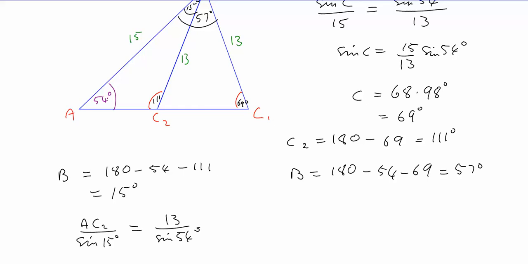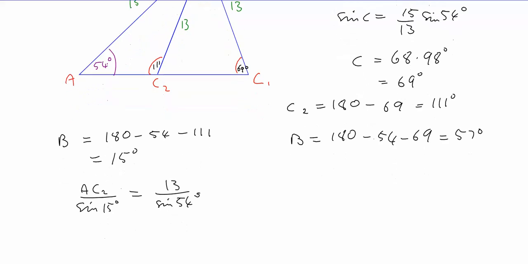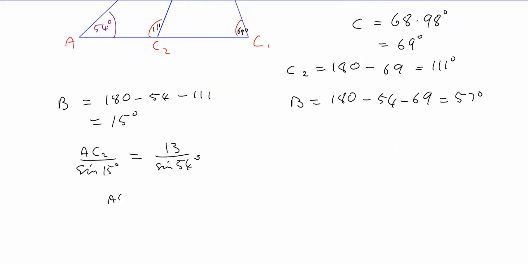So AC2 equals 13 sine 15 over sine 54 by rearranging, which equals 4.16 centimeters.